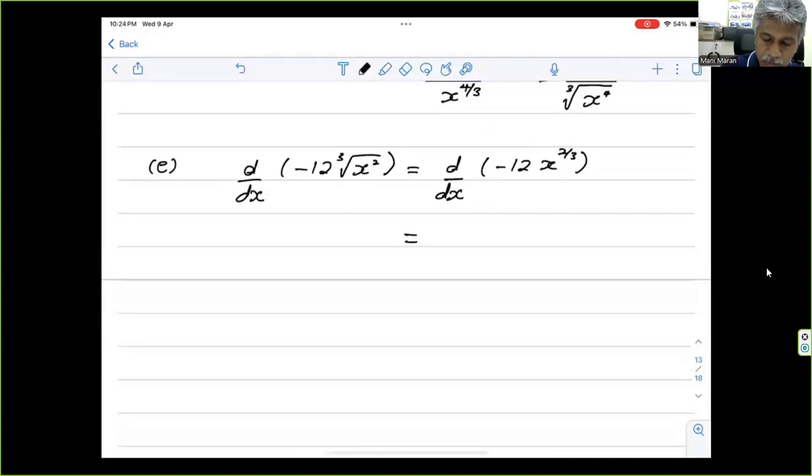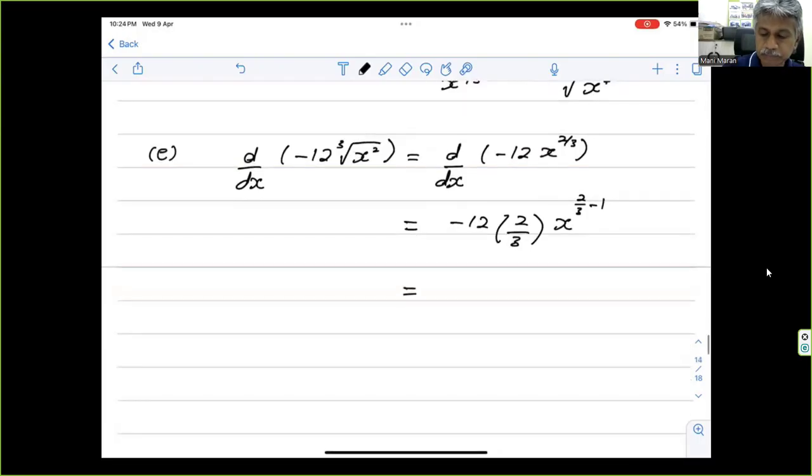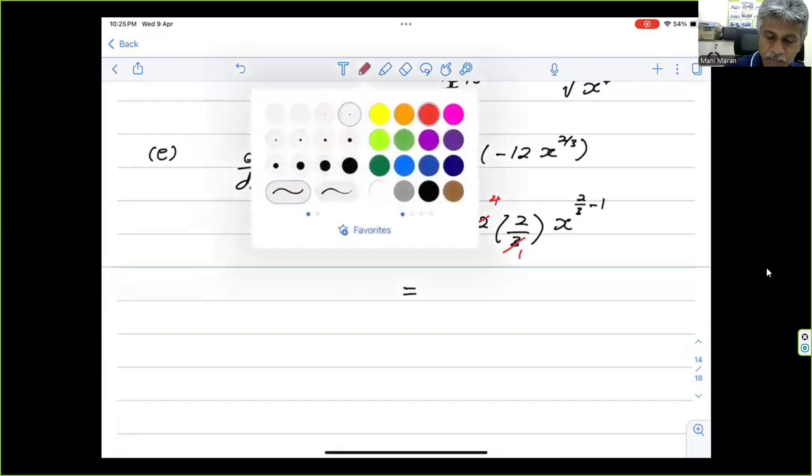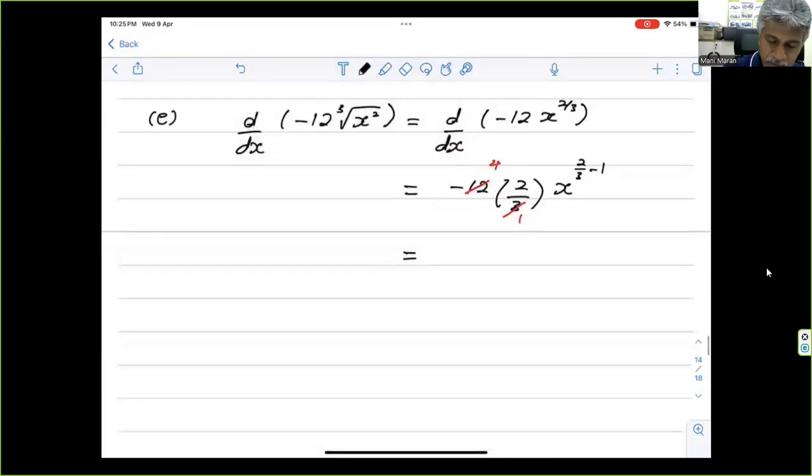So this will be equal to, now we can differentiate directly. You'll get negative 12, and then inside the bracket we put negative 2 over 3, and then x to the power negative 2 over 3 minus 1. This one will cancel: 12 divided by 3 will give you 4, so 4 times 2 will give you 8. So you'll get negative 8 x to the power negative 2 over 3 minus 1.